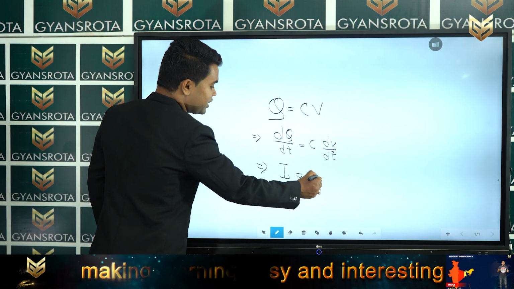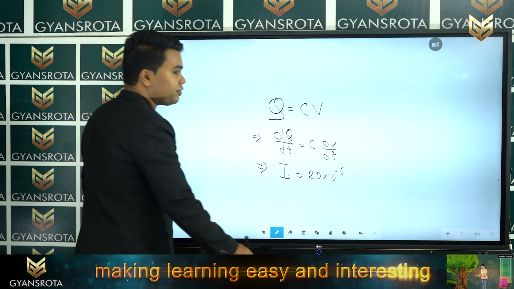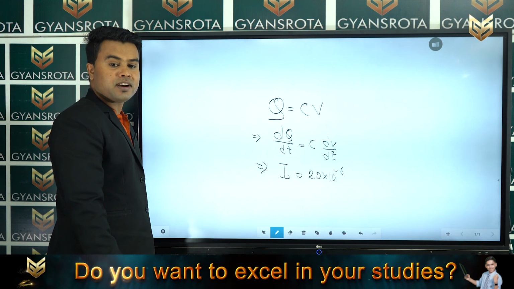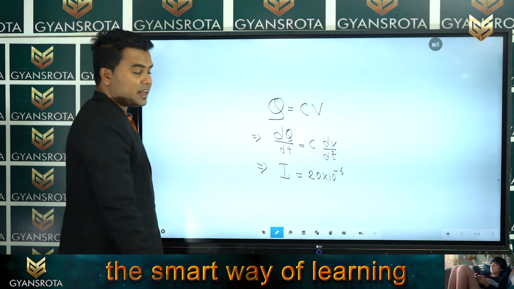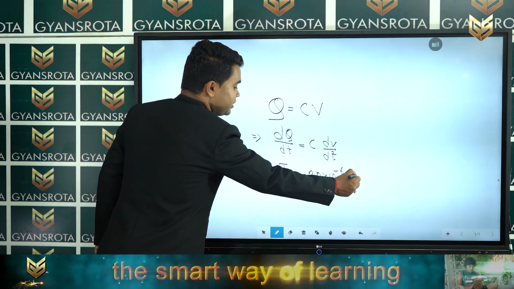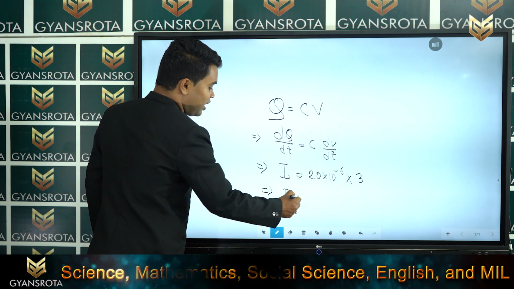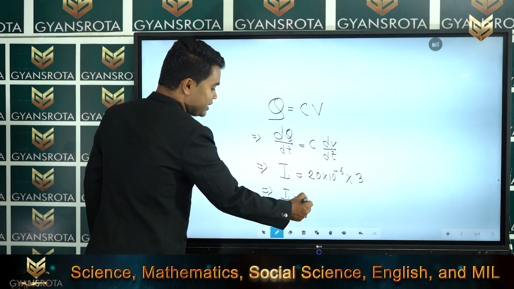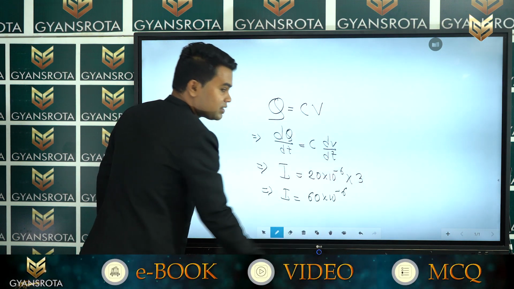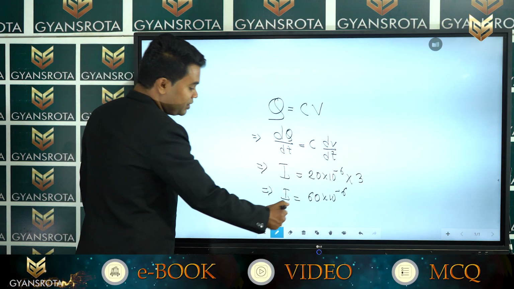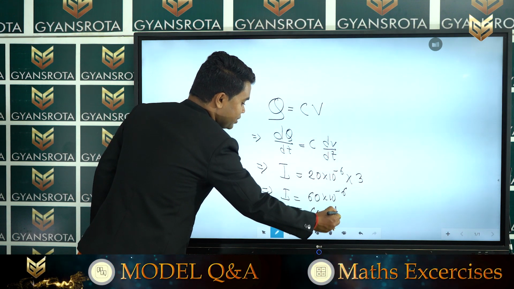So I can write down this one as 20 into 10 to the power minus 6. 1 microfarad is 10 to the power minus 6 farad, and dV by dt is given to you as 3 volt per second. So your current will come out to be how much? 20 into 3 is 60 into 10 to the power minus 6. So it will be 60 microampere.